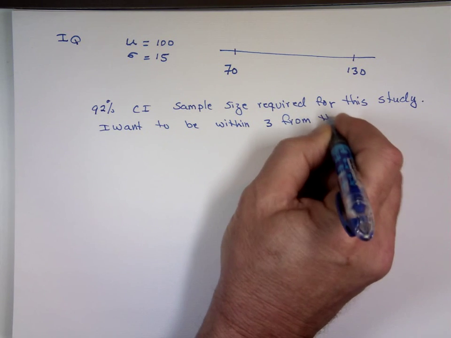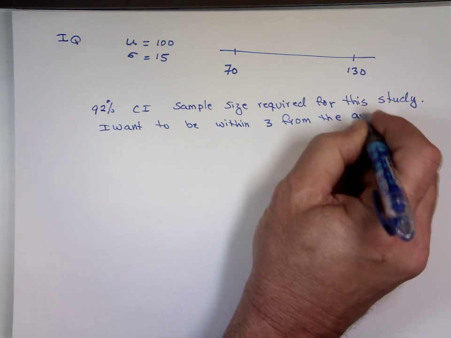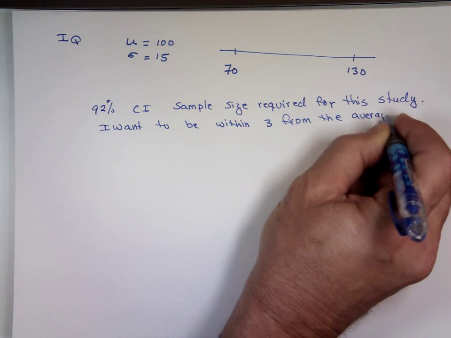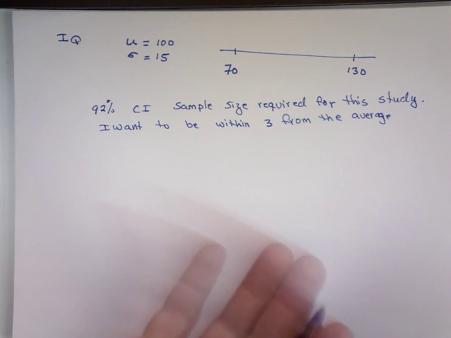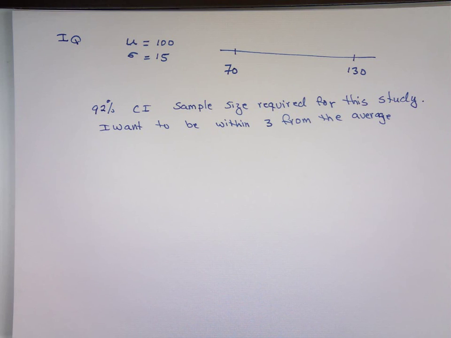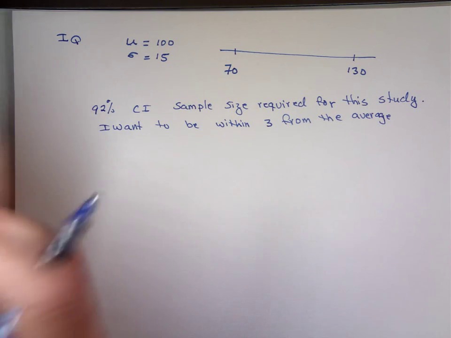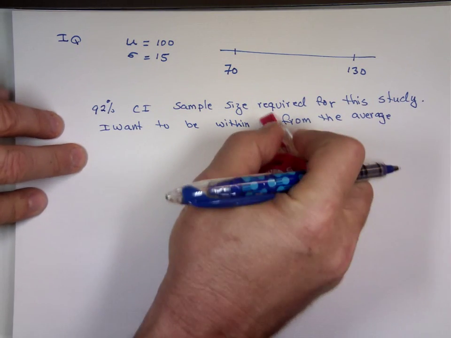That's your error. It's not 3%. I don't know what the IQ is measured with, 3 IQs maybe. Whatever the scale they use for measuring IQ. I don't know what it's called. IQ scale, maybe that's it. You know? 3 IQ points, how's that? 3 IQ points.